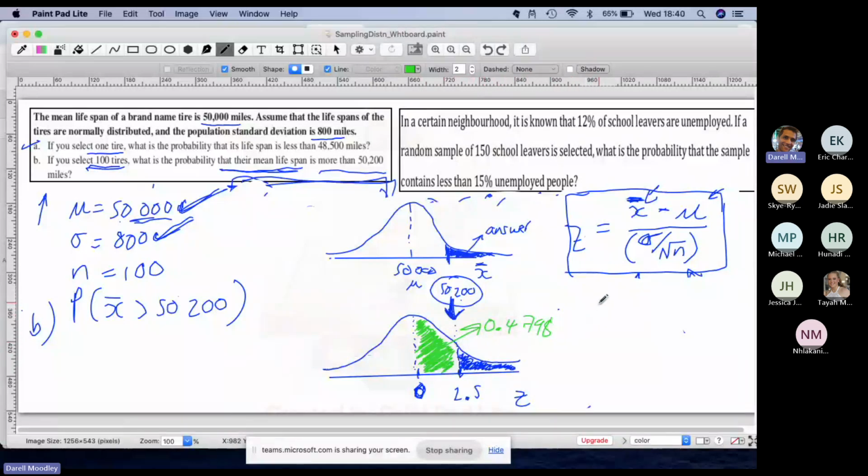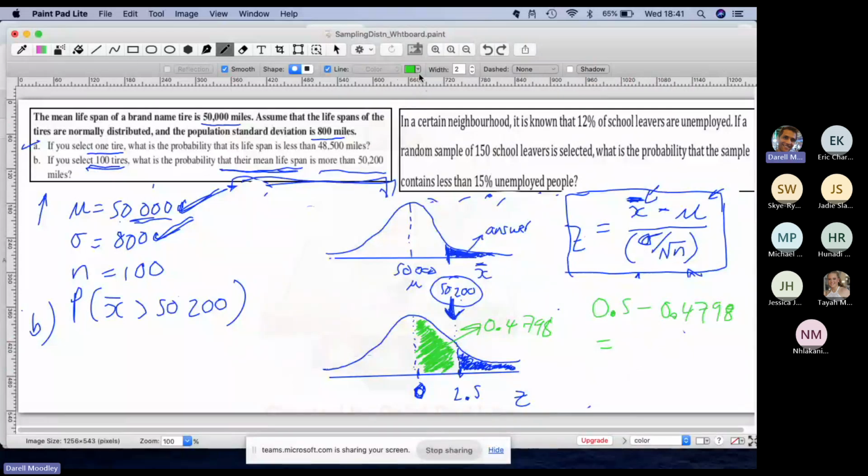Well, that is simply taking 0.5 minus 0.4798, and that should give you that 0.62% that I was talking about. You subtract that, and that leaves you with the blue area.